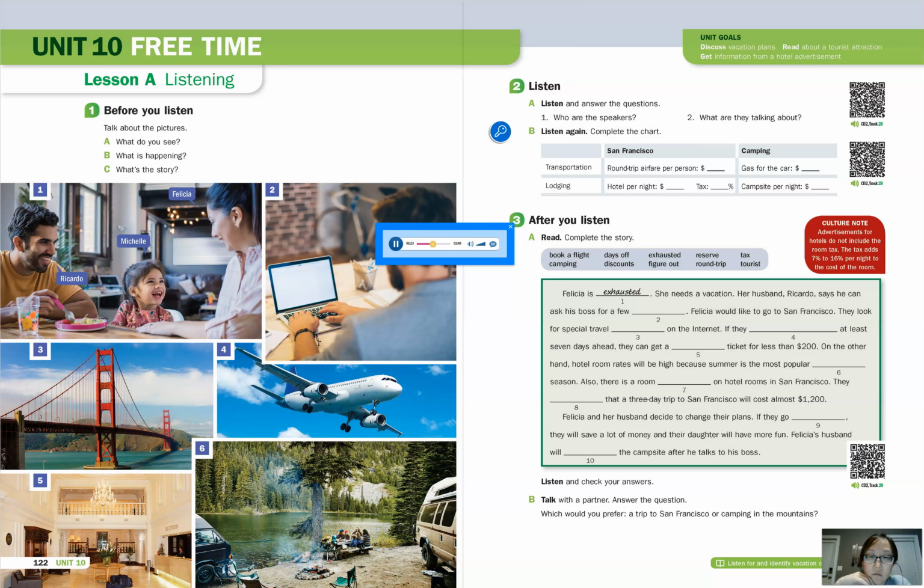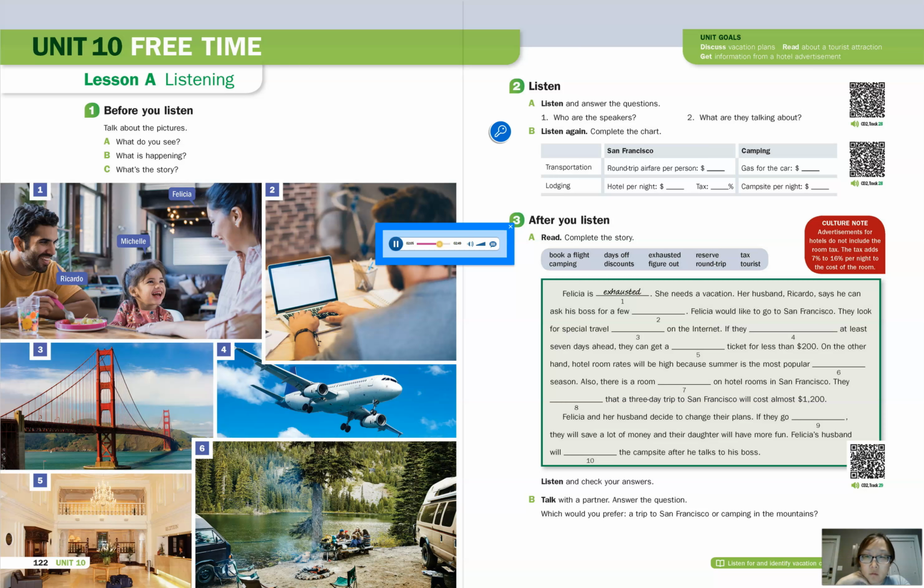If we stay in a nice hotel, it's going to cost at least $250 a night. Plus the room tax, don't forget. You have to add on an extra 14% or something like that. Right. I forgot about that. So if the three of us take this trip, and if we stay in San Francisco just 3 days, it's going to cost almost $1,200. That's a lot to spend for just a 3-day vacation, Ricardo. Maybe we should just go camping instead. Yeah, you're probably right.